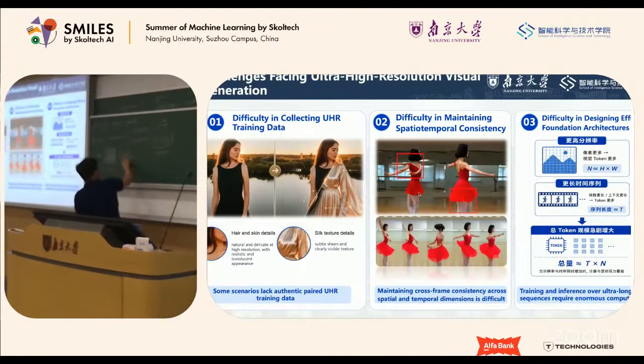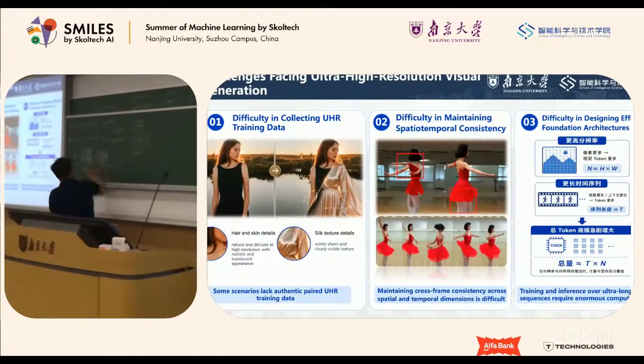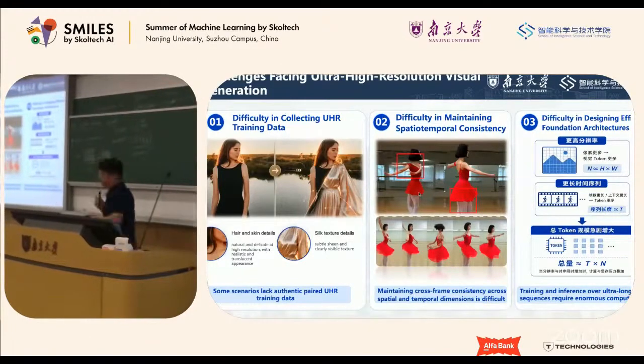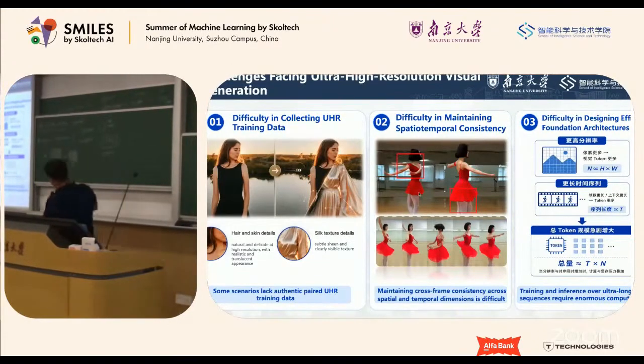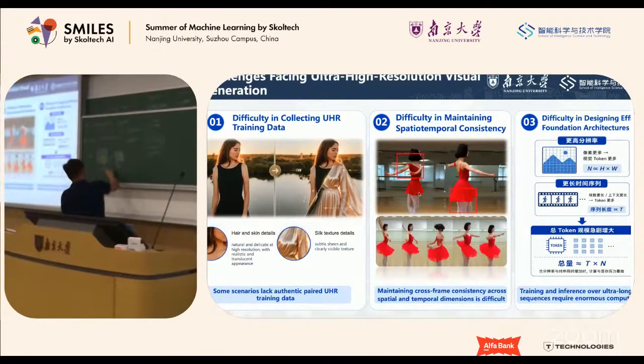So if we use the same size to split the images, when you are handling higher resolution, you may have a larger number of visual tokens. Each patch can be a token. So when you are dealing with higher resolution, you have more tokens.